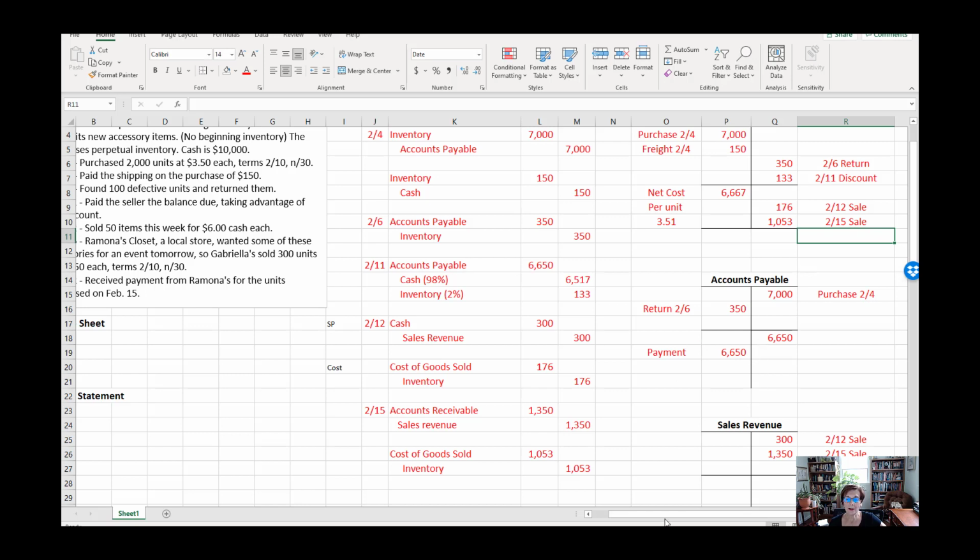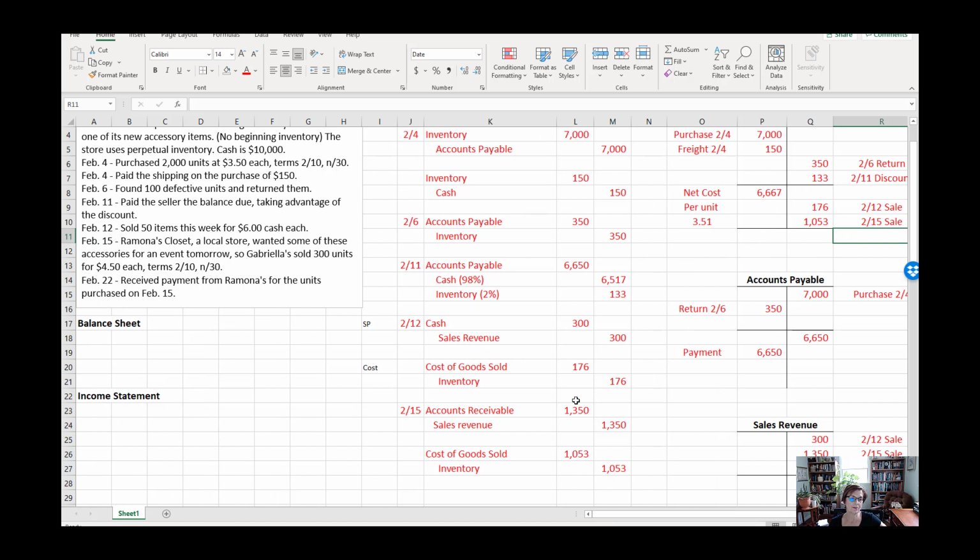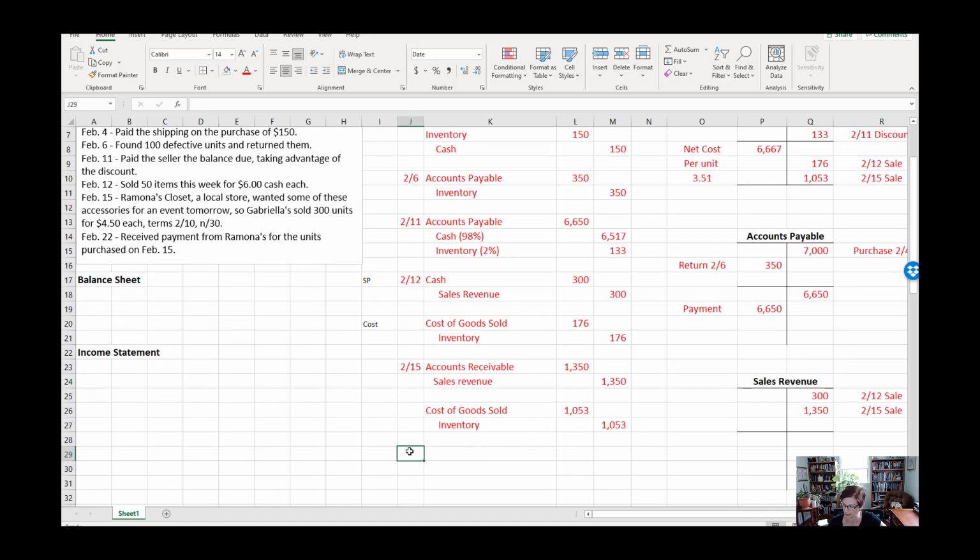All right, so now our final transaction, really our final transaction, is February 22nd. We get payment from Ramona. So Ramona sent us the money. Now, remember, this is what Ramona owes us. Ramona owes us $13.50, and we sold it to them 2/10 net 30, and they're paying it within 10 days.